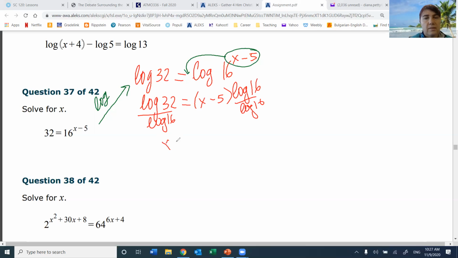So then x equals 5 plus log 32 over log of 16. This was the long way, but it just works. Now we're going to show Elizabeth the short way, and she might like it better. We call it the shortcut way.